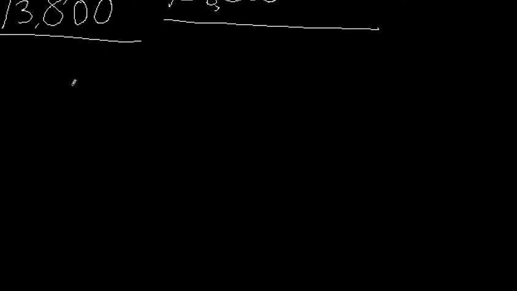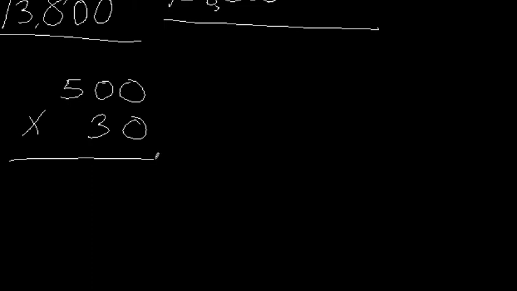Say I have 500, which is a multiple of 10, and I multiply with 30, which is also a multiple of 10. And while multiplying these two multiples of 10, you see how many zeros are there. 1, 2, 3.